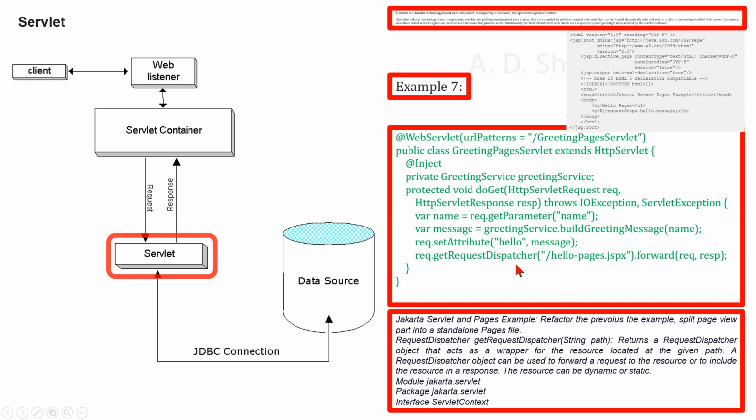Here the method RequestDispatcher getRequestDispatcher(String path) returns a RequestDispatcher object that acts as a wrapper for the resource located at the given path. A RequestDispatcher object can be used to forward a request to the resource or to include the resource in a response.